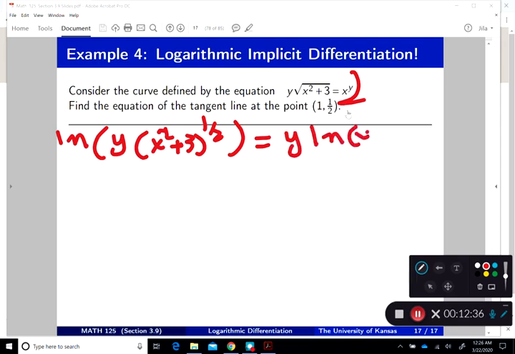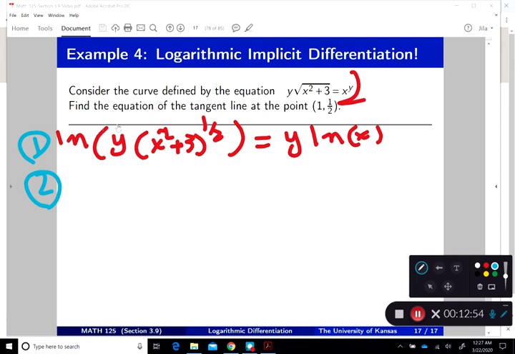Now the next part is, of course, we want to simplify things. That was the first step, and now the second step is the simplification.